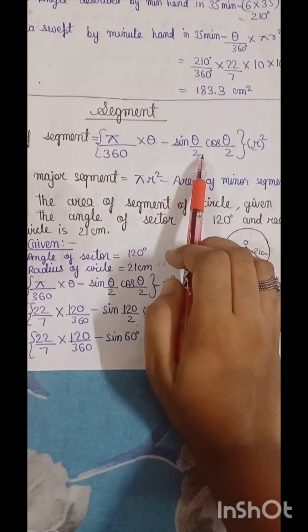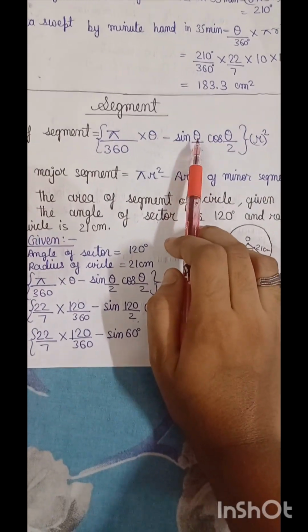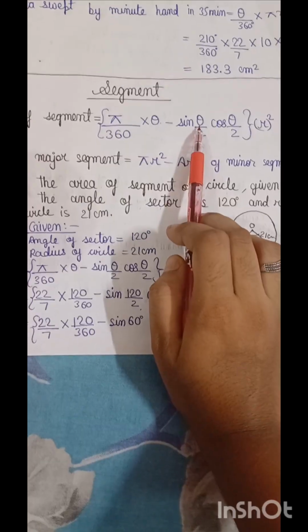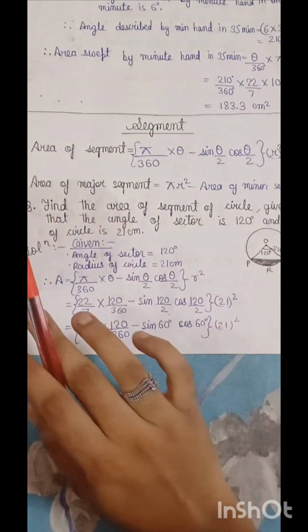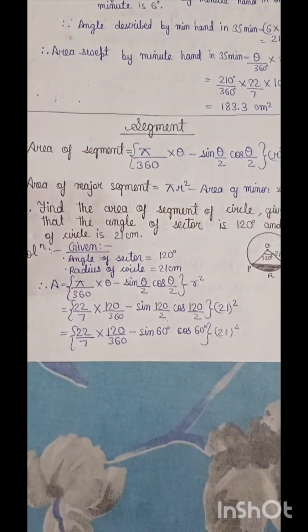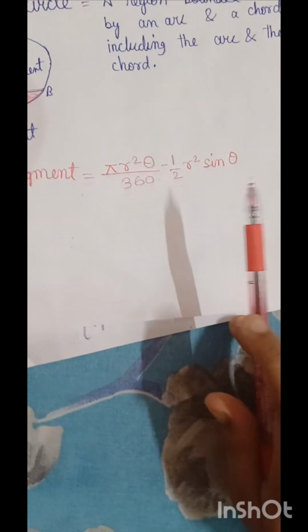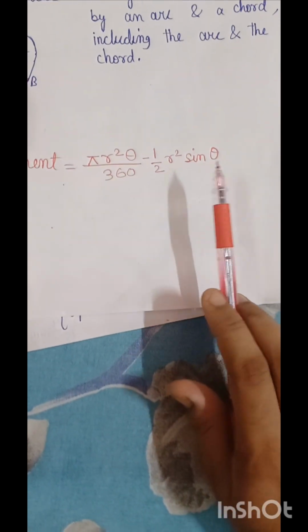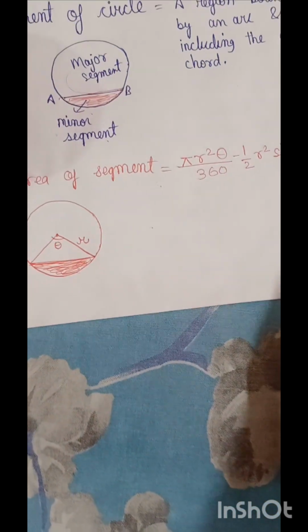Fine, here only the theta will be divided by 2, and then we will substitute the value of sin theta. Fine. So see, there is one more formula to find the area of segment, which is pi r square theta minus 1 by 2 r square sin theta.